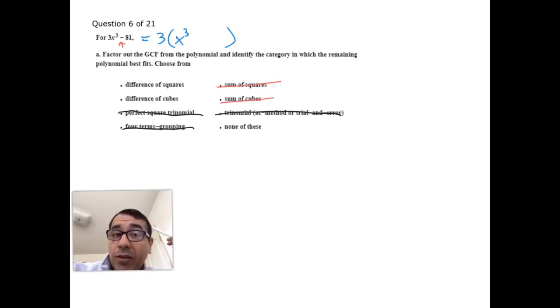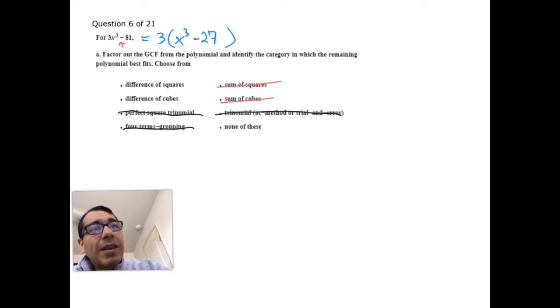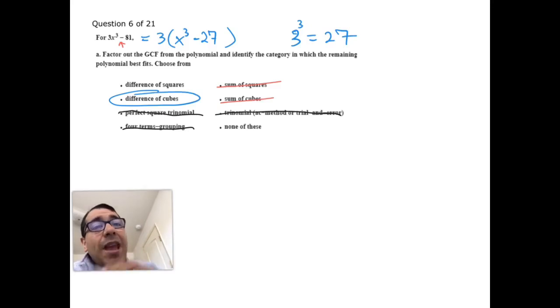I'm thinking difference of cubes. x cubed minus 27. And I ask myself, is 27 a perfect cube? Absolutely, because it's 3 cubed. 3 times 3 times 3 gives me 27. So right away I know I'm going to have to use the difference of cubes formula.